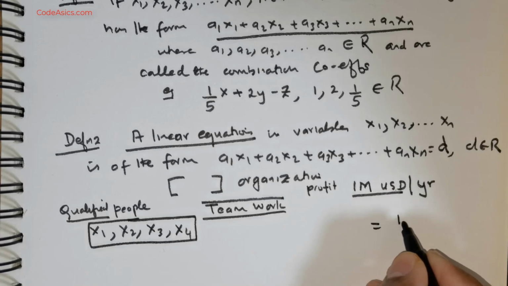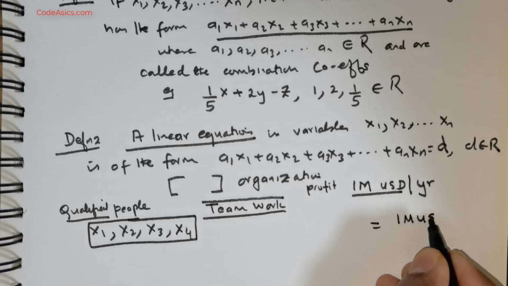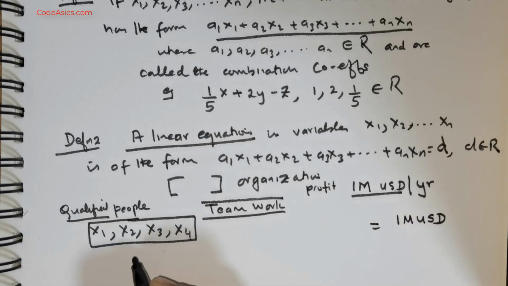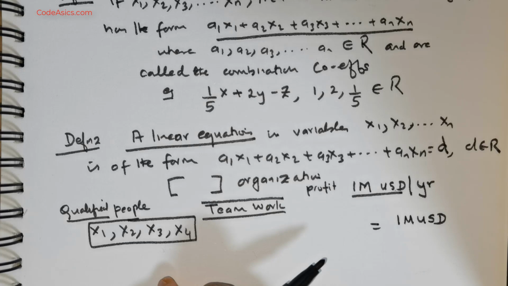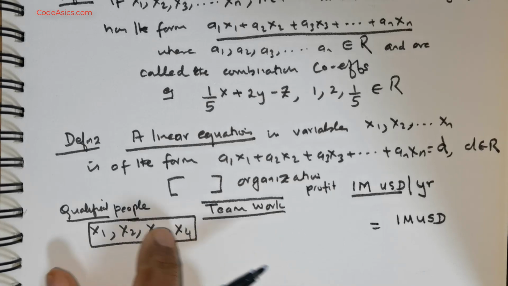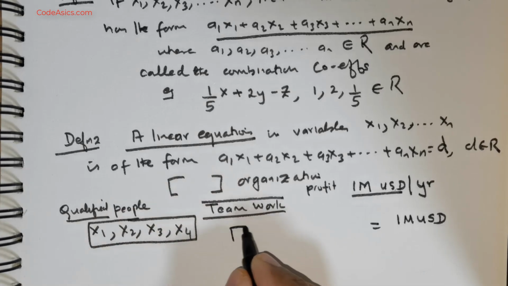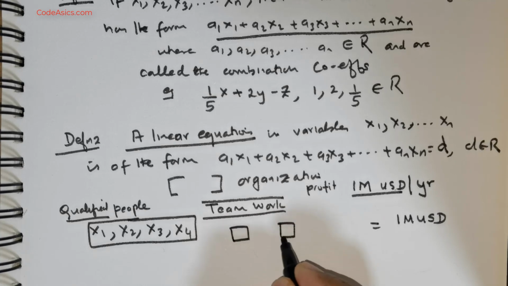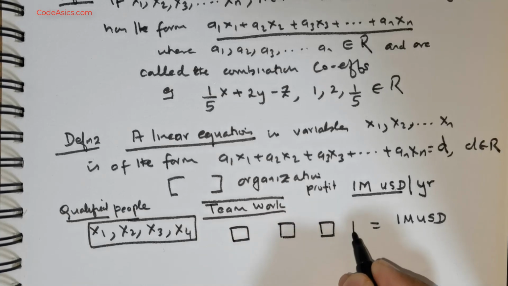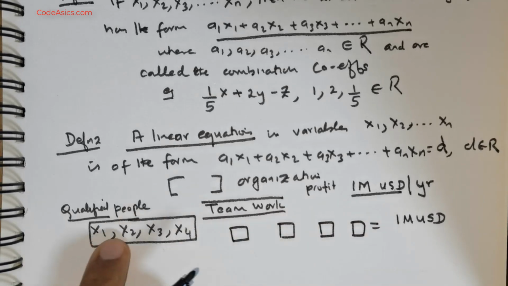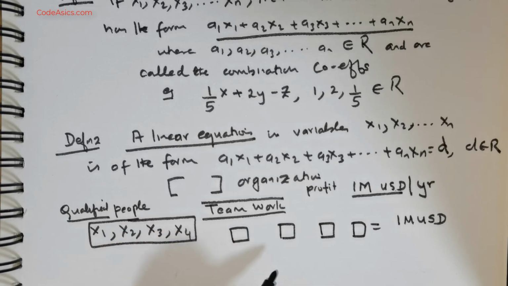What is the target? 1 million USD is the target. Now, having got this team, how is the company going to organize the professionals which I have just given you, X1, X2, X3, X4?